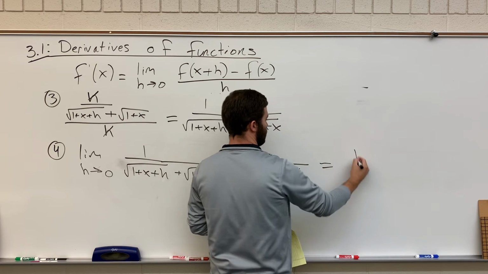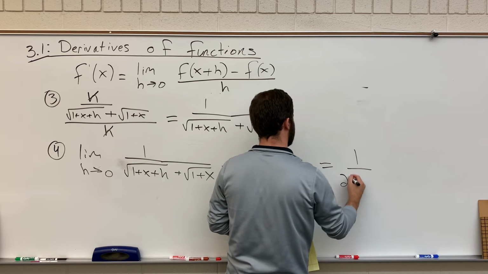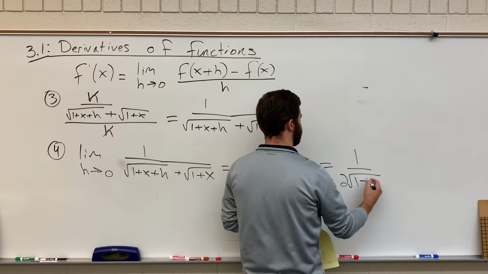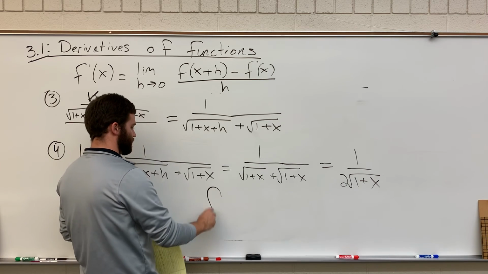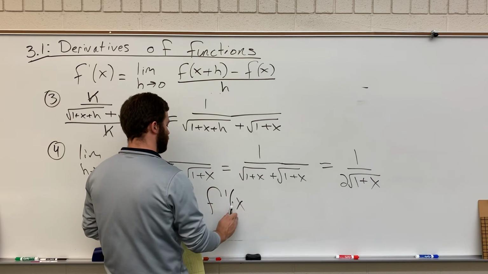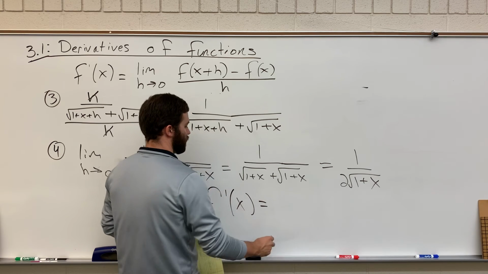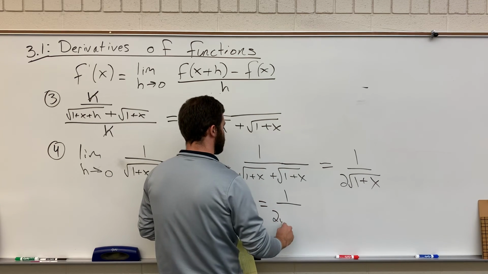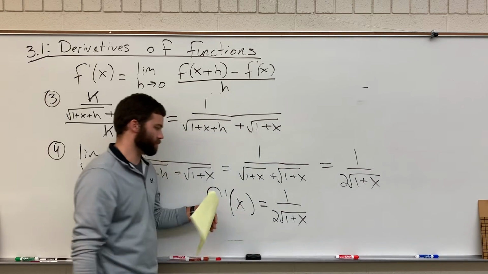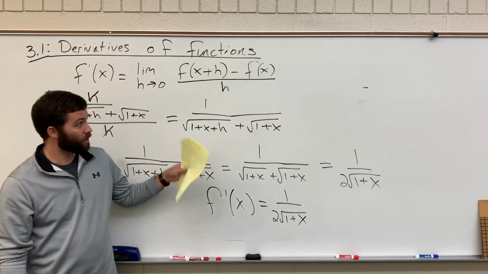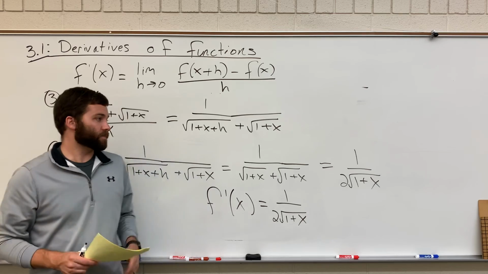And simplify that further, 1 over 2 square root of 1 plus x. So again, like we did in the last video, to sum up, f prime of x is equal to 1 divided by 2 square root of 1 plus x. There's the 4-step process applied to a radical function to find the derivative.